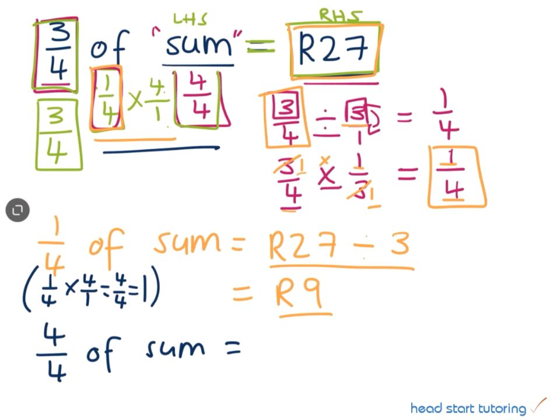So we multiplied our quarter by 4, so we need to multiply our 9 by 4. So 4 over 4 of our sum of money is going to be equal to 36, because 9 times 4 is 36. So 3/4 of our sum of money was 27 Rand, and therefore the whole sum of money is equal to 36 Rand.